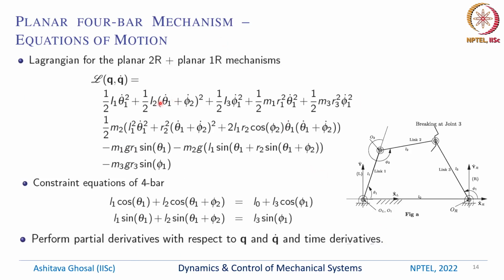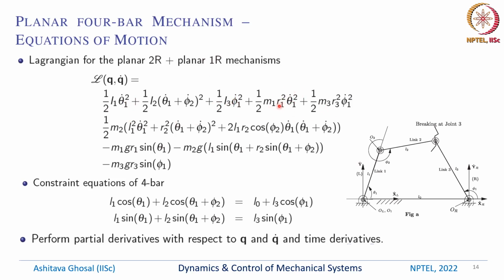The Lagrangian for the planar 2R plus the planar 1R mechanism is the sum of all these kinetic energies. So it is half I1 theta 1 dot square plus half I2 theta 1 dot plus phi 2 dot square plus half I3 phi 1 dot square. This last one is coming from the 1R chain, or the simple pendulum. These two are coming from the 2R chain.